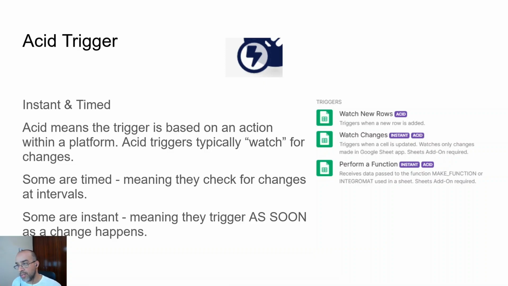But there are two different ways that you can trigger an ACID trigger. One is instant. So an instant ACID trigger looks for some type of action, typically off the Make platform and on a third-party platform. It waits for that action to be completed, and then it'll ping a webhook to start the modules.